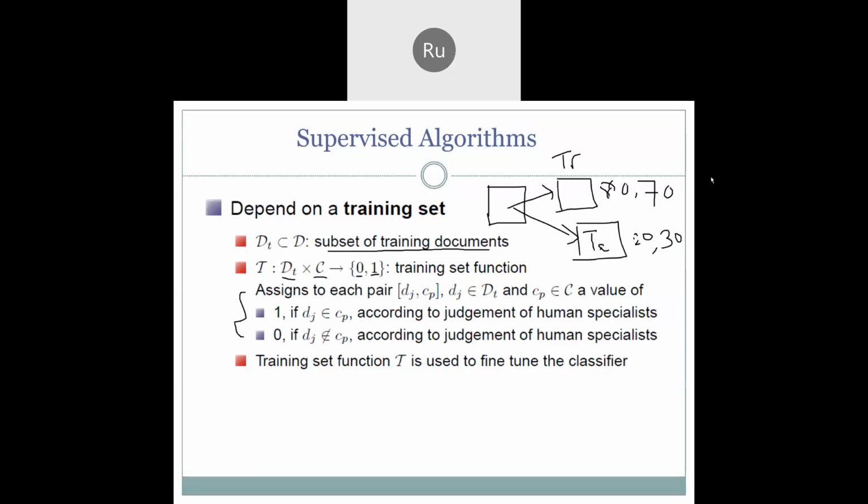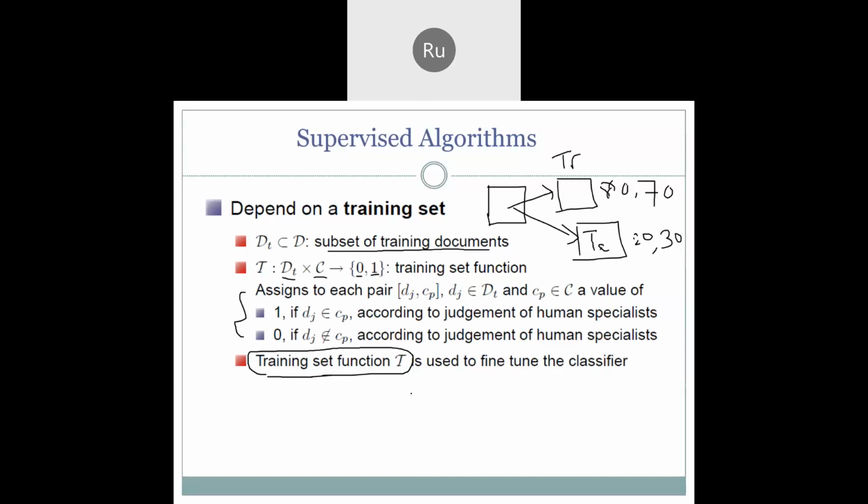But in order for you to look at this transition, you need to look at the training set function. Training set function. This is what you need to find. This is what you need to train the model for. Okay, so the training set function is used to fine tune the classifier in such a way that you can classify unseen document correctly.